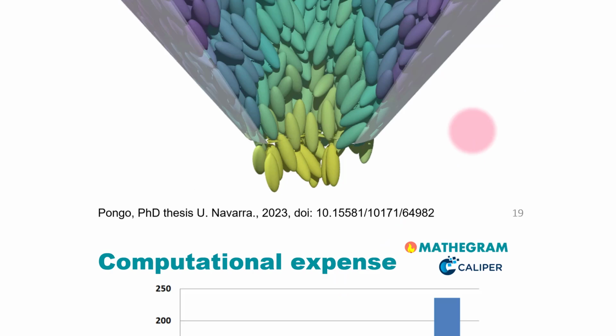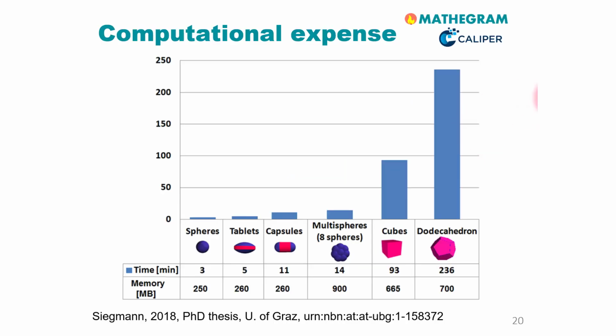The final slide discusses the computational expense. For the sphere, we need the lowest amount of memory and the smallest computation time. And this increases steadily up to this multisphere approach that has the highest memory demand. Note that these capsules are spherocylinders.